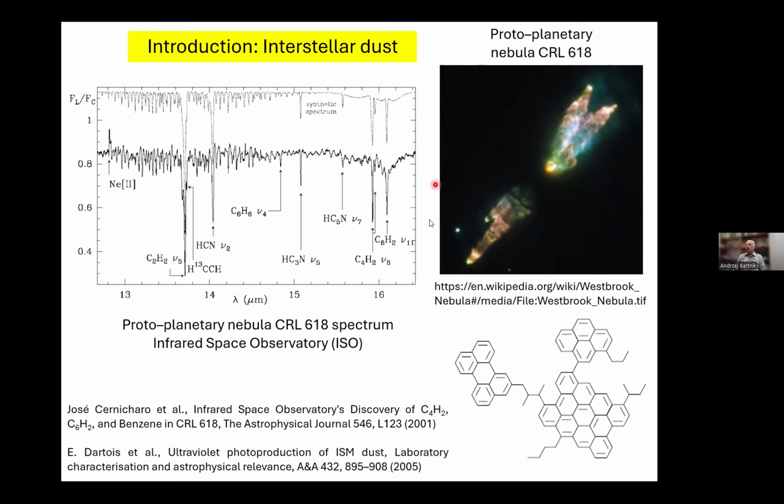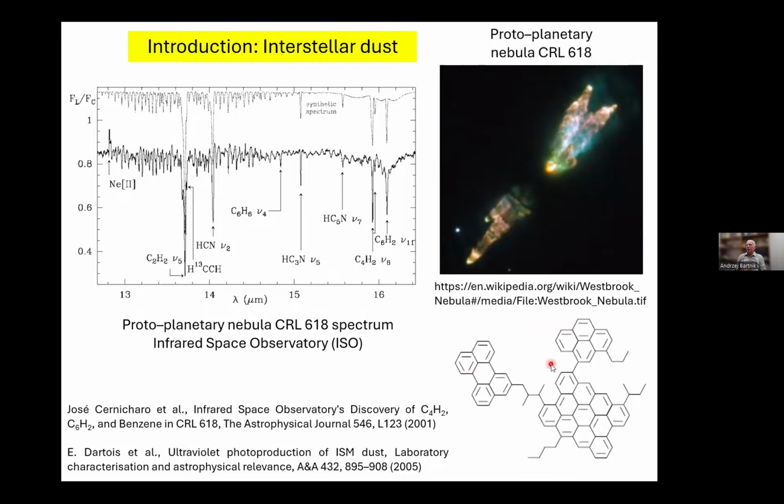In such nebulas, we can have very complex carbon compounds, but in principle, there are so-called polycyclic aromatic hydrocarbons, and they contain a very large amount of carbon and hydrogen atoms.